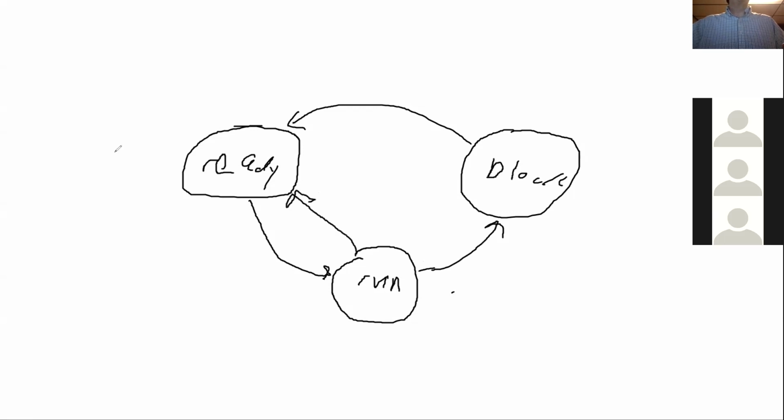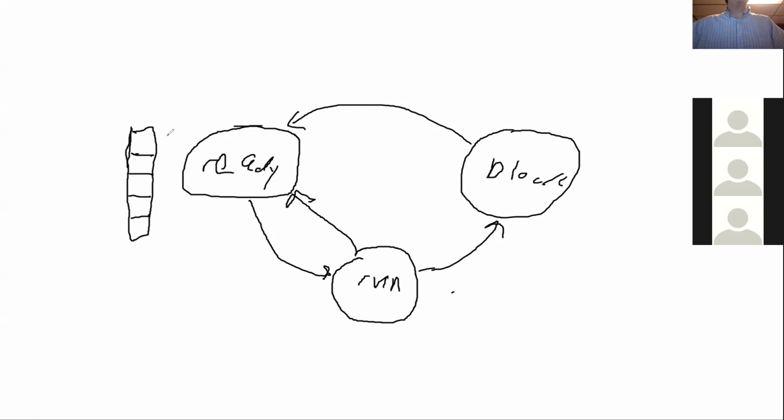The ready queue is where jobs wait in line to get put into the run state. So this is really a queue. You can think of it as a list of jobs. So I'll draw it here as a list of jobs. This is the ready queue.